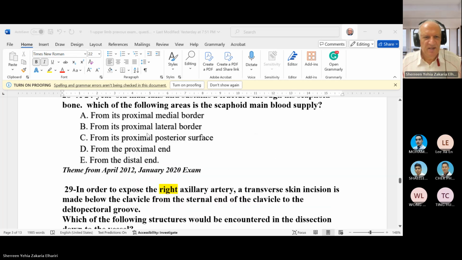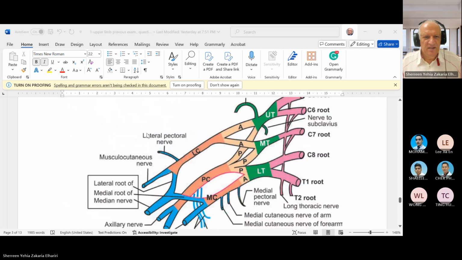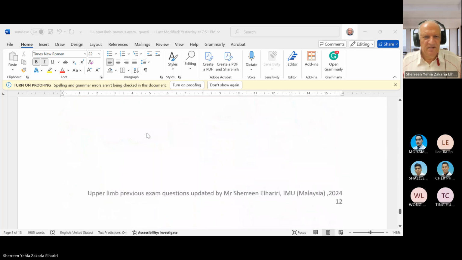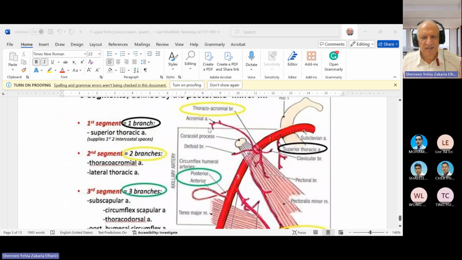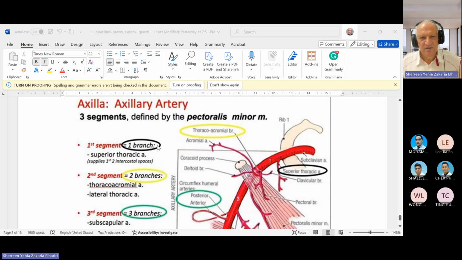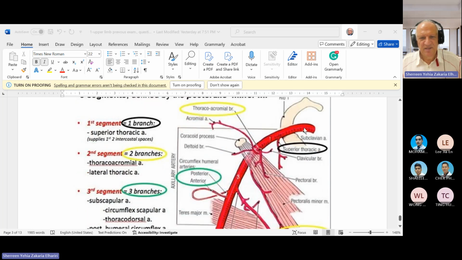Yes. If you see here, you can see a very small artery called the thoracoacromial artery. Although it is a branch of the axillary artery, this branch is not important, but it can easily be injured because, as you see here, it is a very tiny branch and has many small branches.